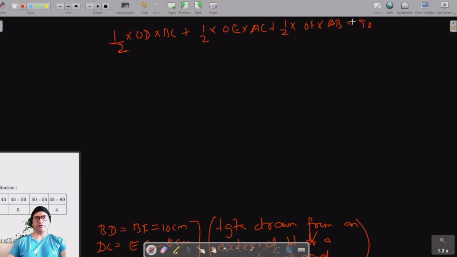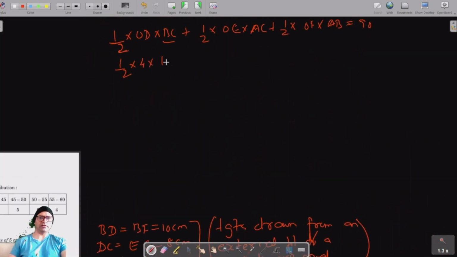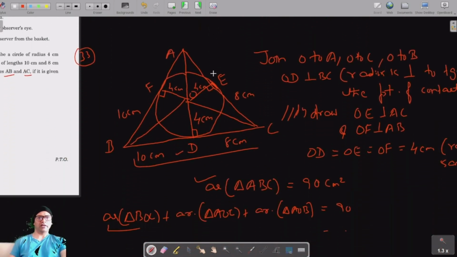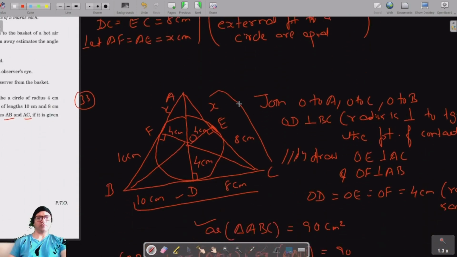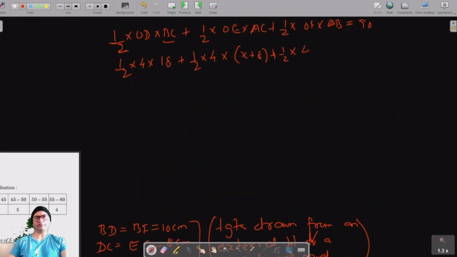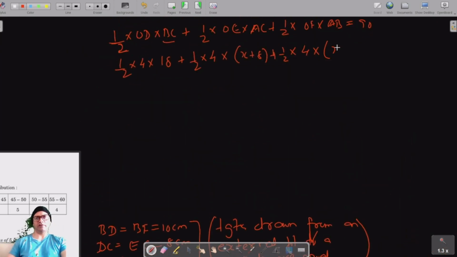So this is equal to 90, and half into OD, which is 4, into BC. BC is 18, 10 plus 8 is 18, plus half into OE, which is 4, into AC, which is x plus 8. So this is x plus 8, plus half into OF, OF is 4, into AB. AB is x plus 10.